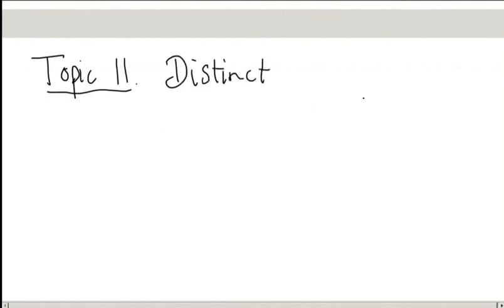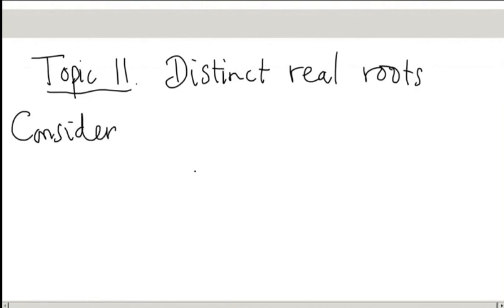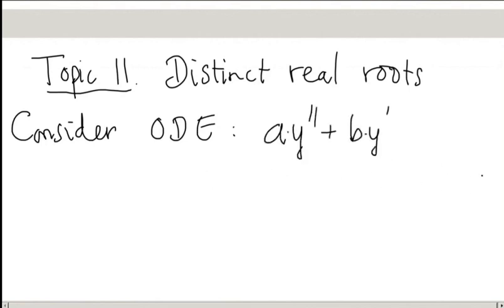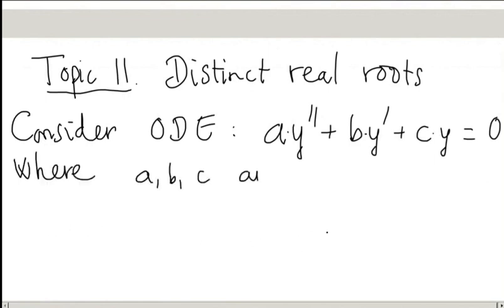Distinct real roots of the characteristic equation. So let me summarize here. Consider the ODE a y double prime plus b y prime plus c y equals 0, where a, b, c are constant numbers.